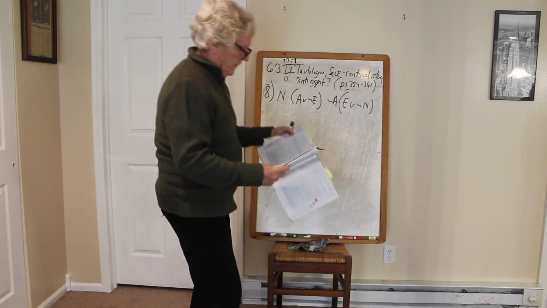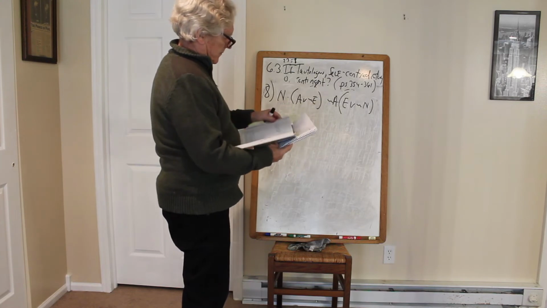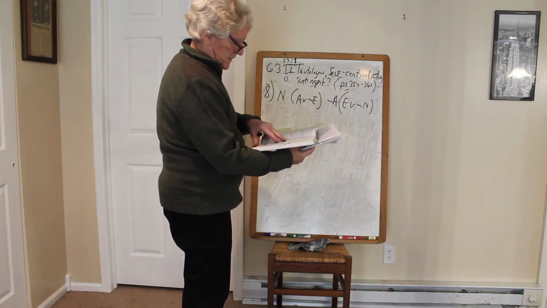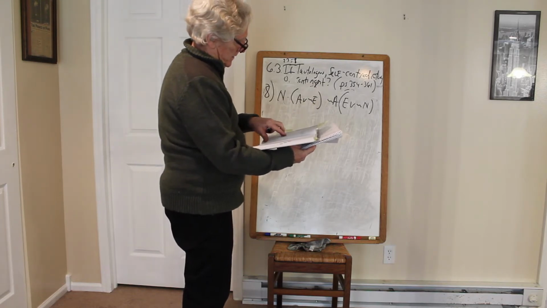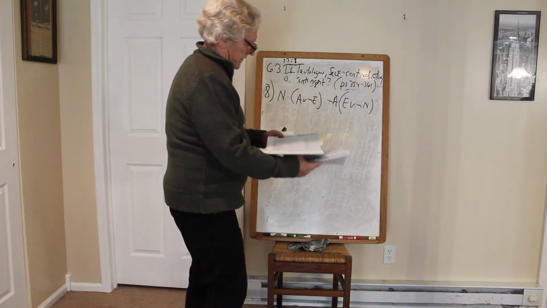I hope it is the way the problem goes. I'm trying to check that particular problem. Yes, it is. That is the way the problem goes. Okay, I'll make sure it's up there.